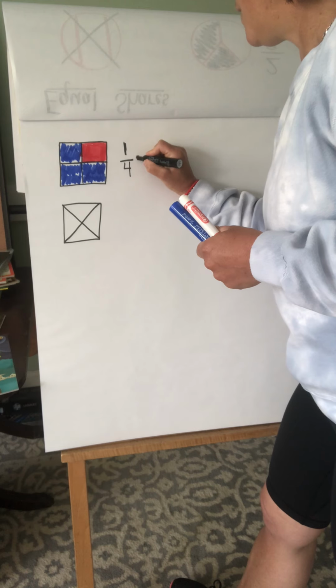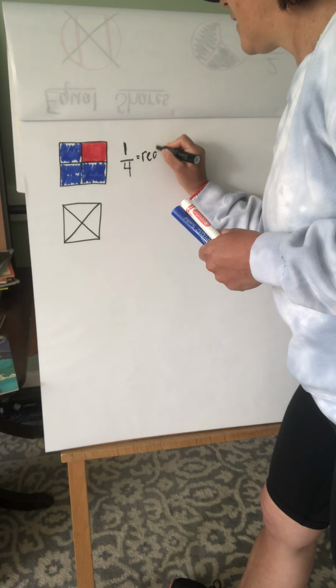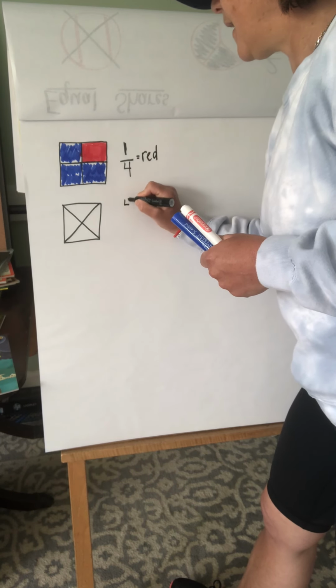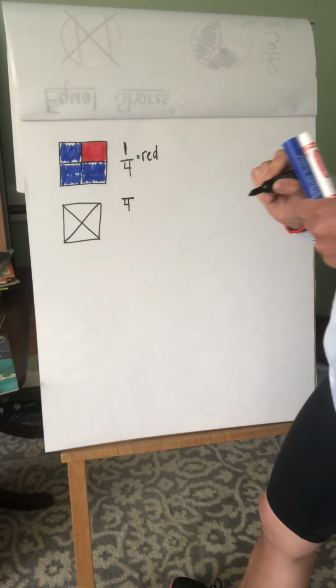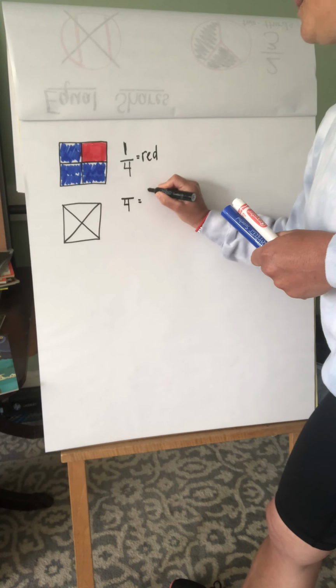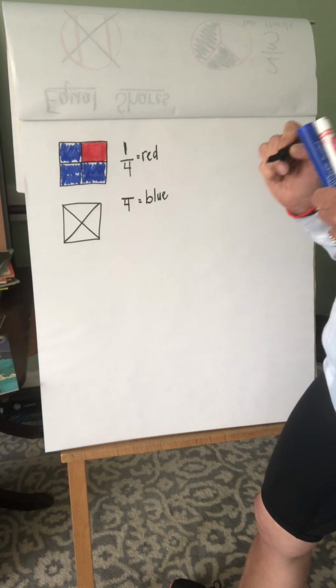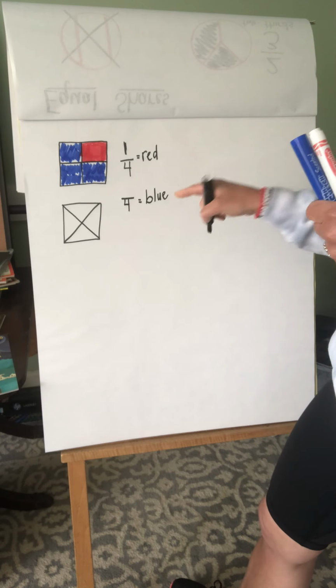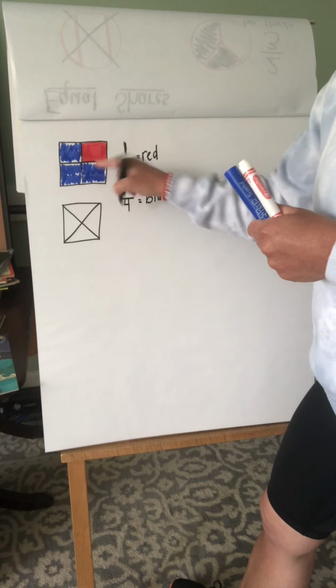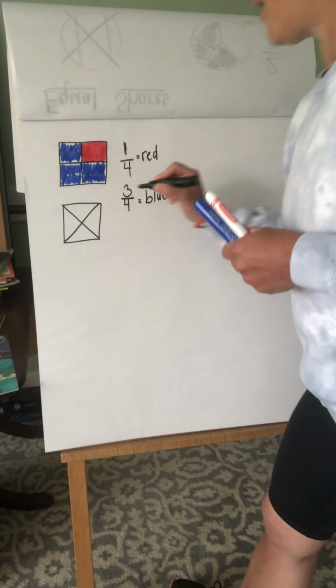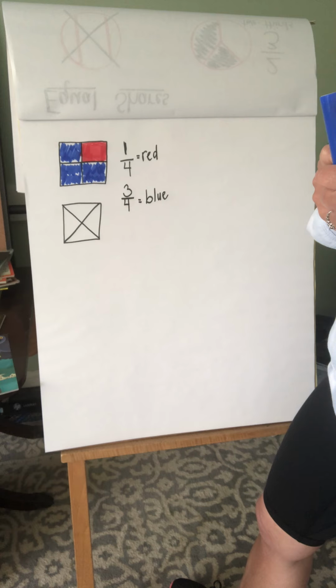So we know that 1/4 is red. How many fourths are blue? Go ahead and write that fraction down. Did you get it? Okay, 1, 2, 3 out of the 4 parts, or 3/4.